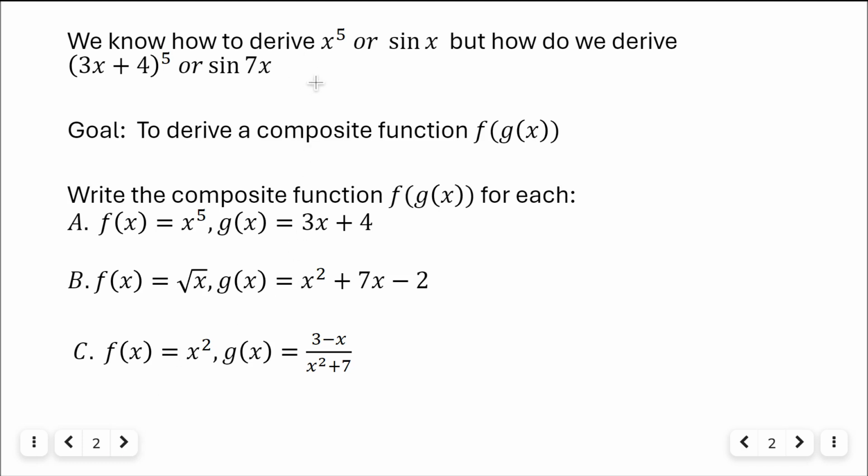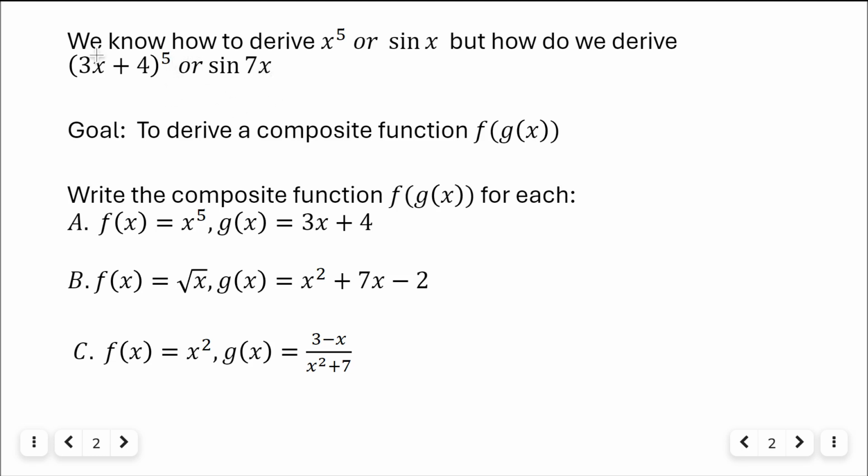So the moral of the story is we know how to derive x to the fifth or sine x. We know how to do that. We've been doing it for quite a while. But what if I want to derive (3x plus 4) to the fifth, or sine of 7x?